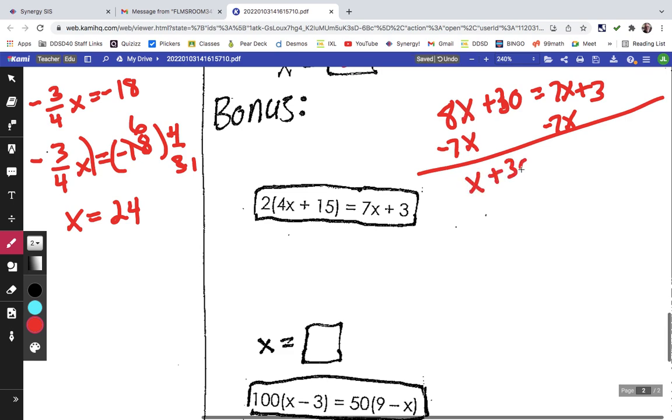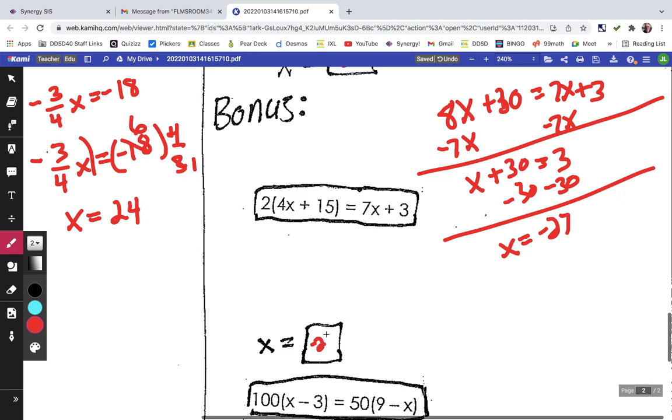X plus 30 equals 3. So I'm going to subtract 30. So x is equal to negative 27. Oops, let's write that a little bit better. Negative 27.